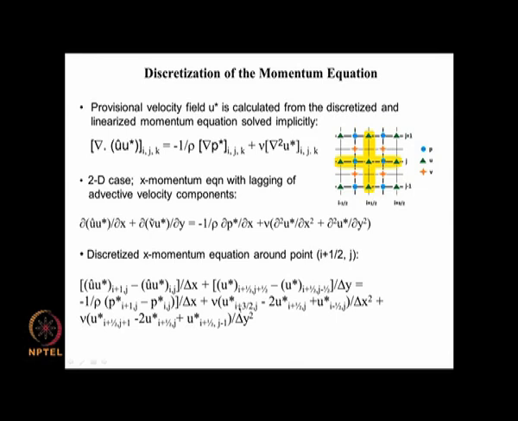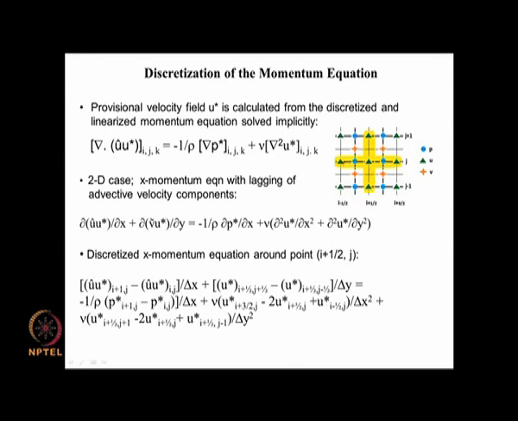So that is given as U I plus 3 by 2, which is this one, it is to the right hand side. So we are evaluating this one using central differencing centered around this. So this is U at I plus 3 by 2 j plus U at I minus half j, so that is this one, minus 2 U I plus half j.